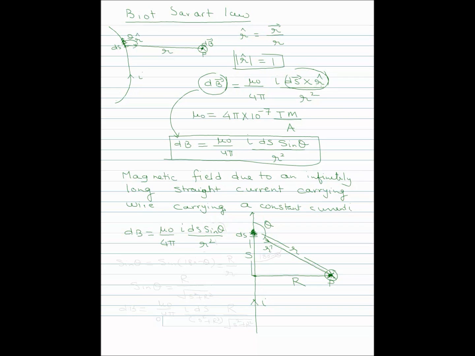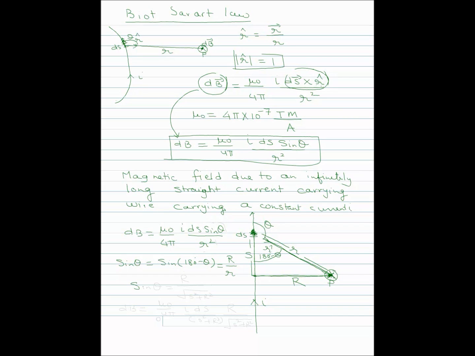Now the question is, what is sin θ? Well, if this is θ, notice that this angle here, since this whole thing is 180 degrees, will be 180 degrees minus θ. And sin θ, from trigonometric identity, is the same as sin of 180 degrees minus θ, which from this right angle triangle will be equal to r divided by little r.